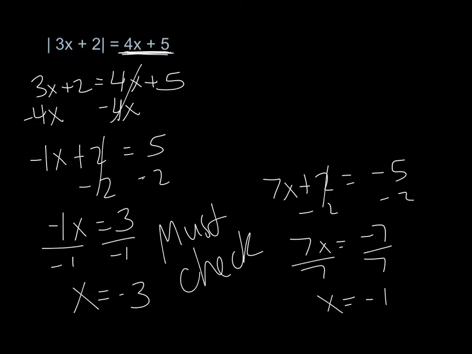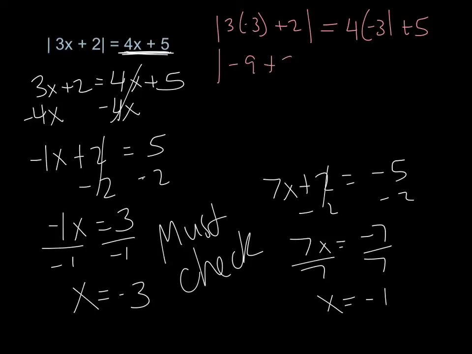Alright, so plugging negative 3 in. So I have the absolute value of 3 times negative 3 plus 2. Does that truly equal 4 times negative 3 plus 5? Okay, so let's simplify that. Absolute value of 3 times negative 3 is negative 9 plus 2, and negative 9 plus 2 is negative 7, and the absolute value of negative 7 is 7.